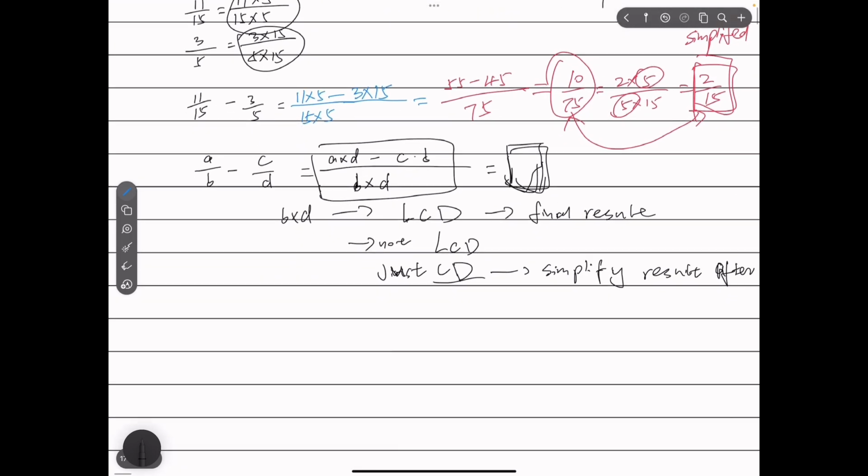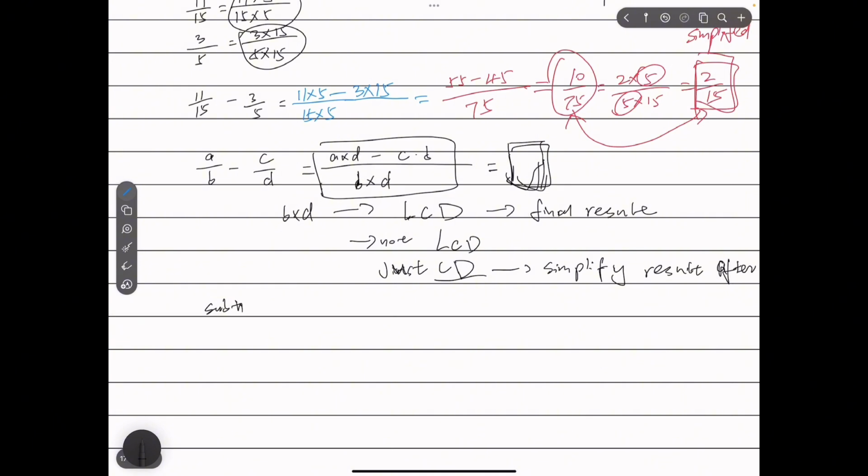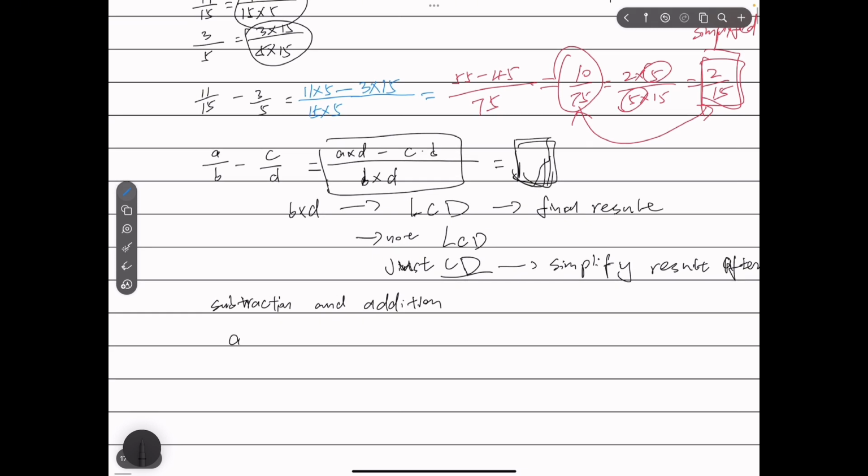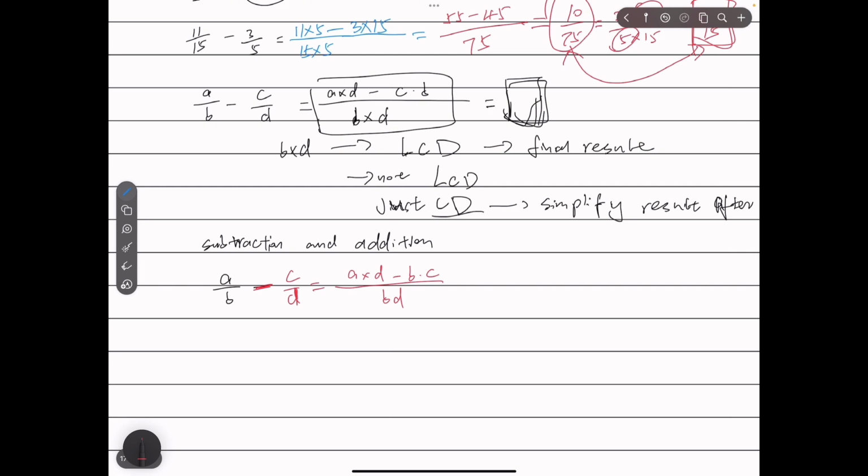So now let's combine the subtraction and addition. So basically it's the same thing. We have over b, either this is a plus or minus. Let's say minus first, c over d. It will be a times d minus b times c over bd. And for addition, a over b plus c over d equals b times d on the denominator, a times d plus b times c.